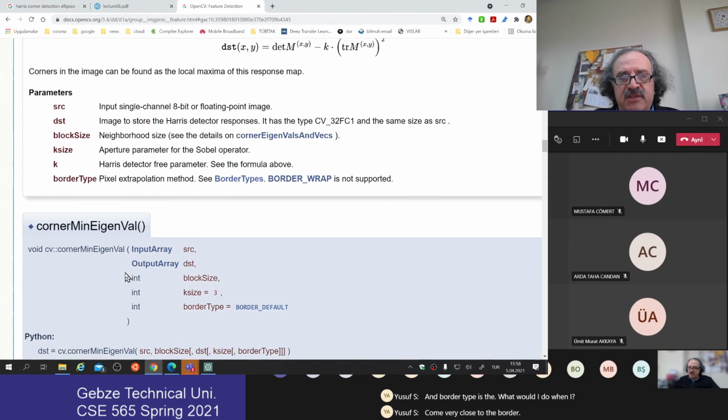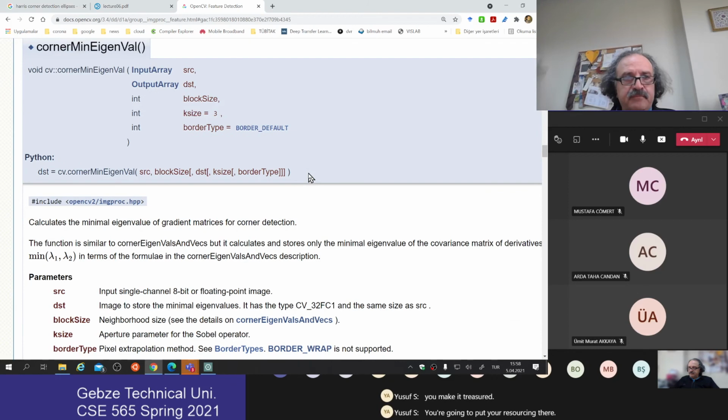Because near the borders, I need to behave differently. So it will give you the image to store the Harris detector responses. This one is going to give you an image of R's, and when you make a threshold, you're going to put your results in there.